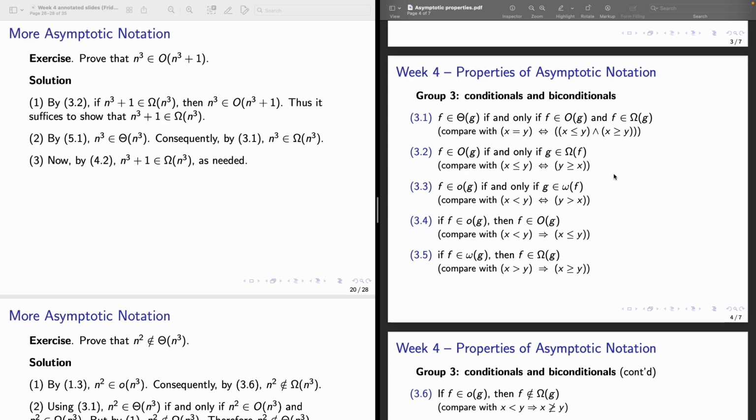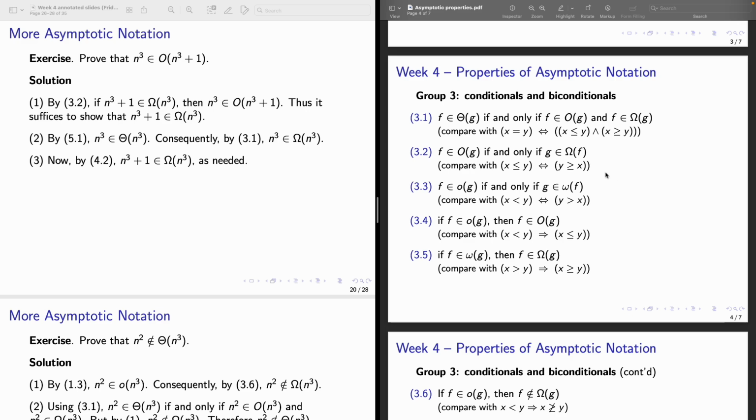3.2 tells us that if n cubed plus 1 is in big omega of n cubed, then n cubed is in big O of n cubed plus 1. That way, you can do a slightly easier proof of showing that n cubed plus 1 is in big omega of n cubed, and then that will imply the result we originally want.